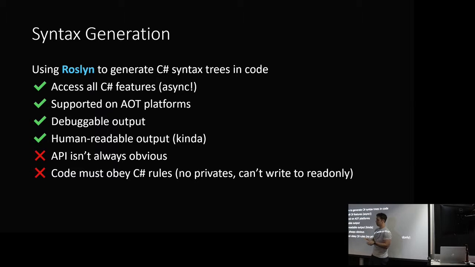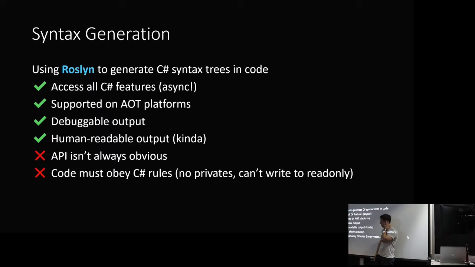And the benefit is that you can access everything. You've got async await, value tuples, and destructor operators and whatever. It fully supports iOS and all the AOT platforms because it's just C# code. You can debug it, which is great. People like that. You can sort of read it.